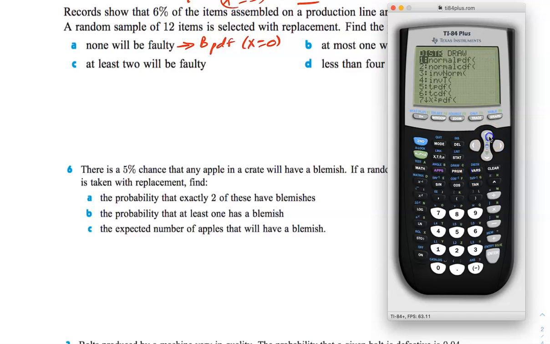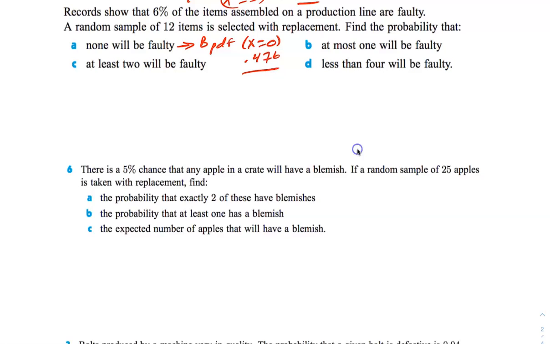Second distribution, binomial PDF. Trials is 12. Probability is 0.06. X value is 0 in this case. I want none to be faulty. And I get 0.476366.